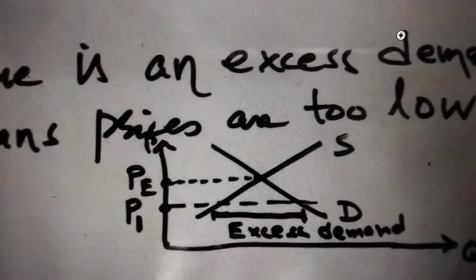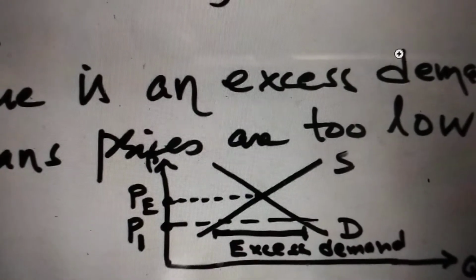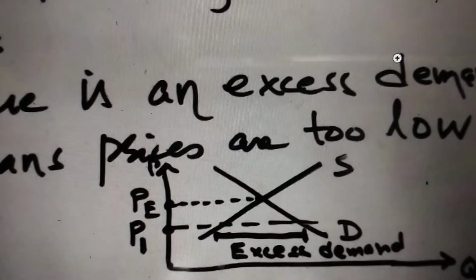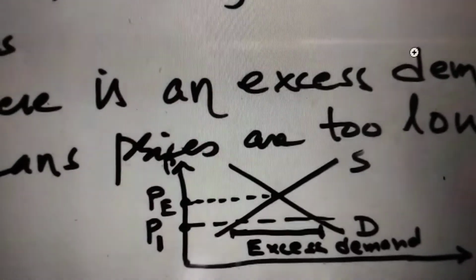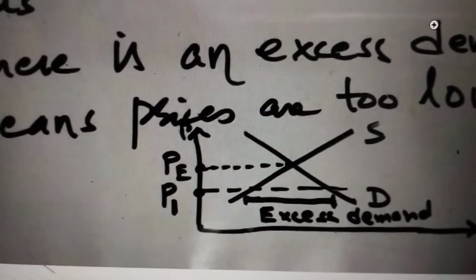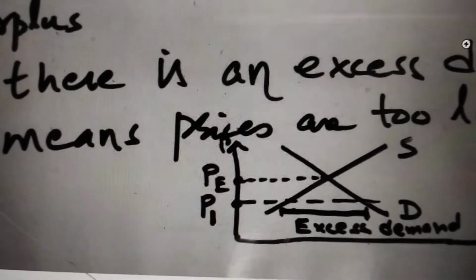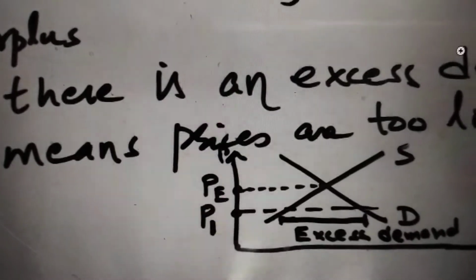It means that the equilibrium price is at a higher level, and we are keeping the market price at a lower level than the equilibrium price. Obviously, you can see that there is a difference between the equilibrium demand and the new demand created by the minimum price, which is the market price, which is below the equilibrium point.